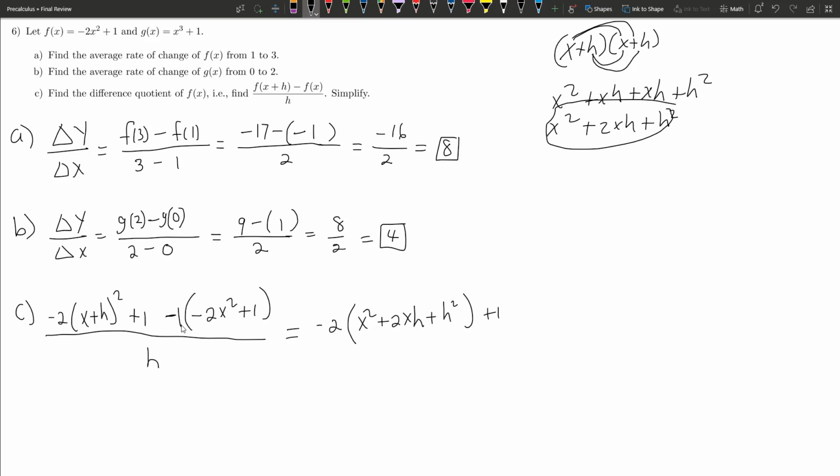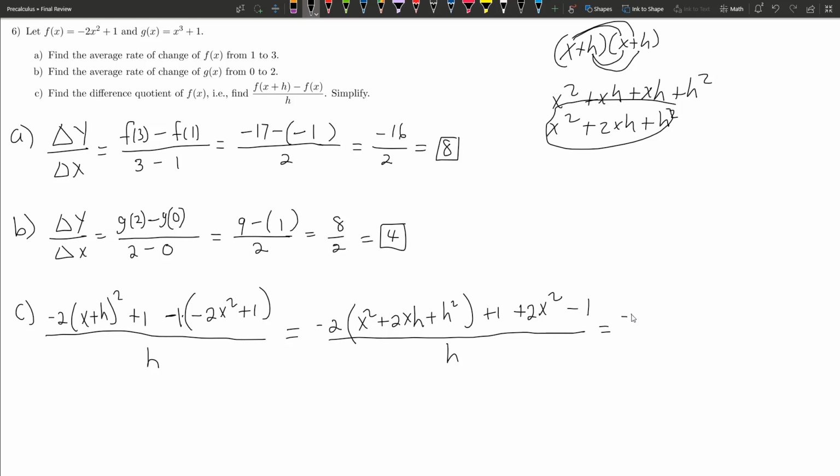If you want to think about it like this, you have a negative 1 and you're multiplying everything in there by that negative 1. So we have plus 2x squared, right? Because the negative sign of the negative is a positive, minus 1. All of that over h. Now let's distribute this negative 2 in there.